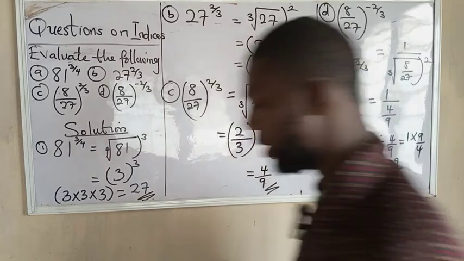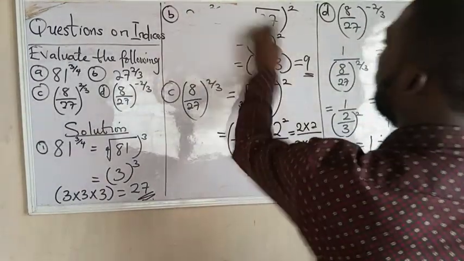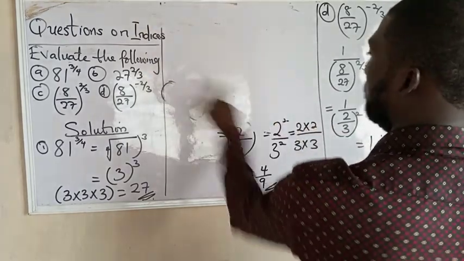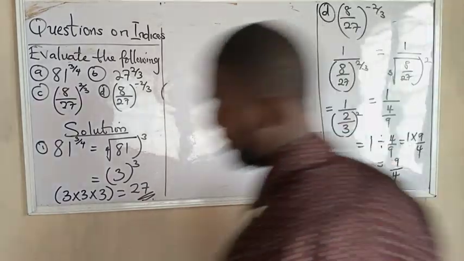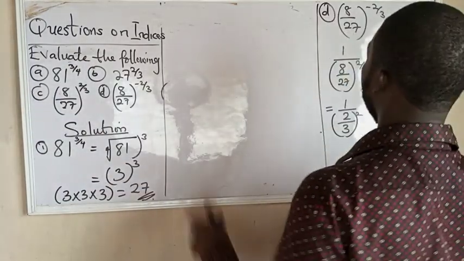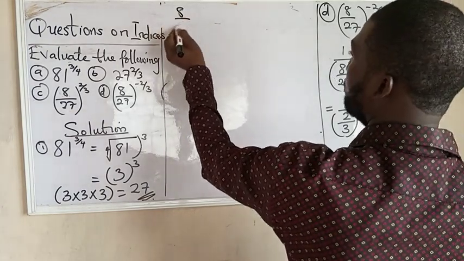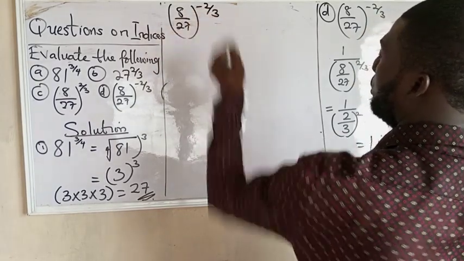Then the other way we can approach this method is, let me write this question again, minus 2 over 3.